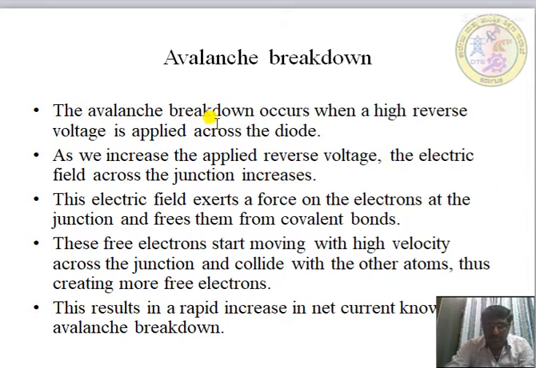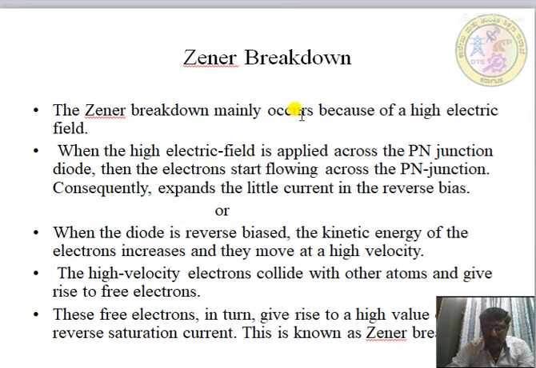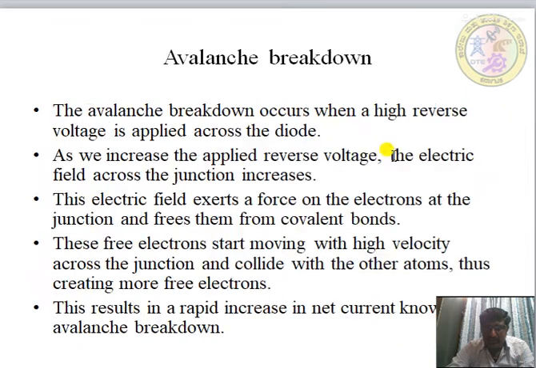Avalanche breakdown occurs when a high reverse voltage is applied across the diode. Zener breakdown occurs with a high electric field, while avalanche occurs when a high reverse voltage is applied across the diode. As we increase the applied reverse voltage, the electric field across the junction increases.